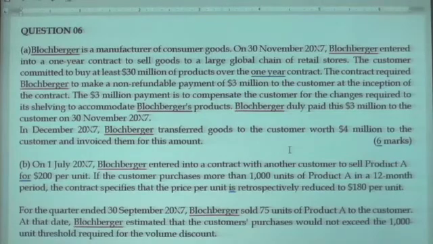The customer committed to buy at least $30 million of product over the 1-year contract. Is that clear? Now they have a contract to buy 30 million worth of goods within 1 year. The contract required the company to make a non-refundable payment of 3 million.